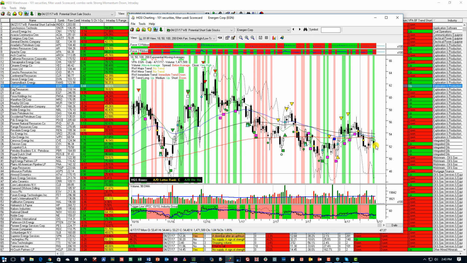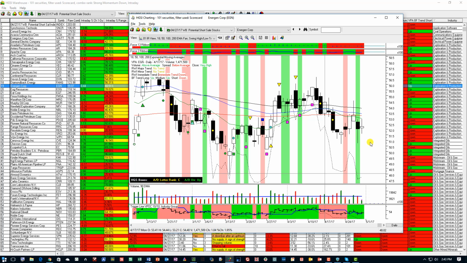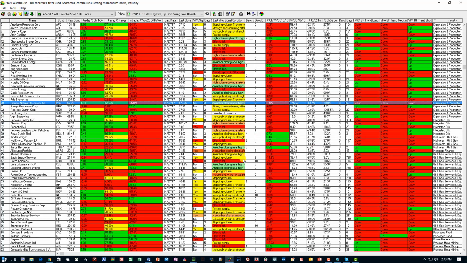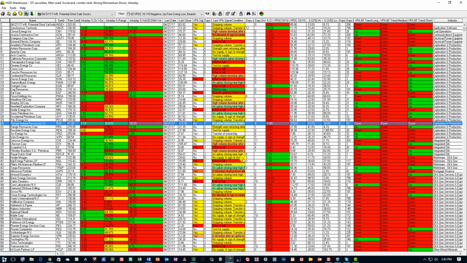And it's just holding up a little bit today. By that I mean it's an inside day here. It's higher by 0.44%. Not very much. Not really a good example of a candidate, but you can find a lot of stocks and groups in here which are eligible for shorting.